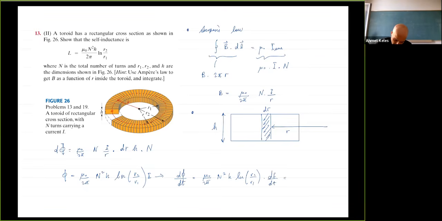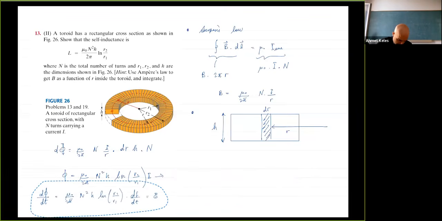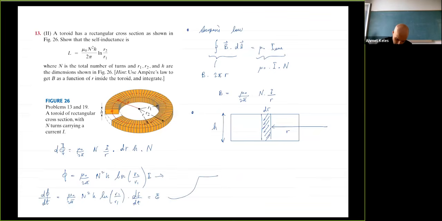This is the definition of induced EMF, and the coefficient of di dt is my mutual inductance. So let me just take this here, just open up some space. Then again, M is going to be equal to mu0 over 2 pi n squared h ln r2 over r1, which is actually already given here.